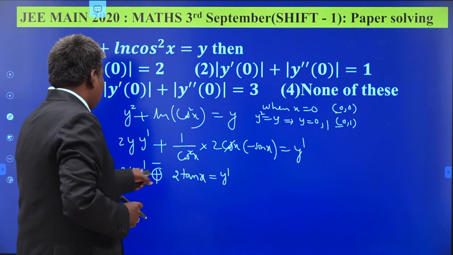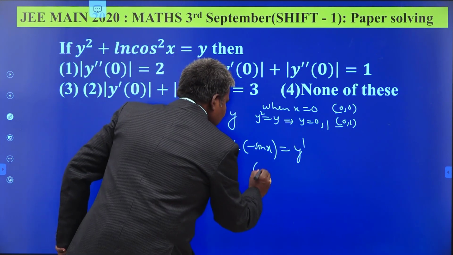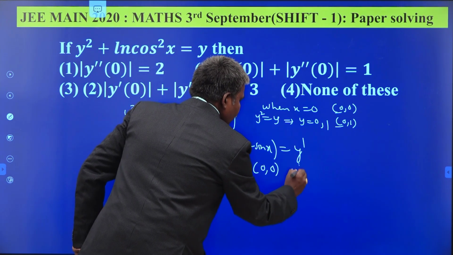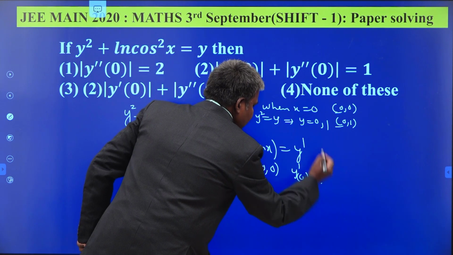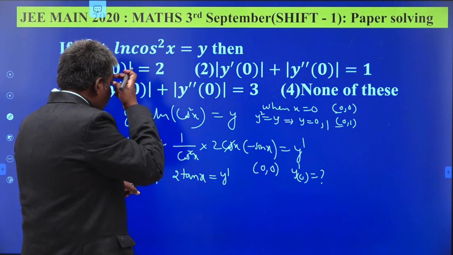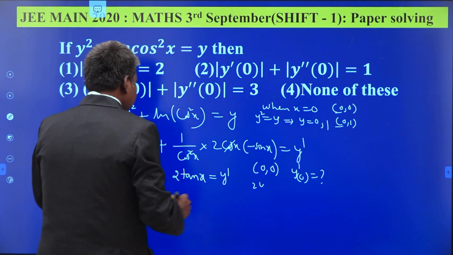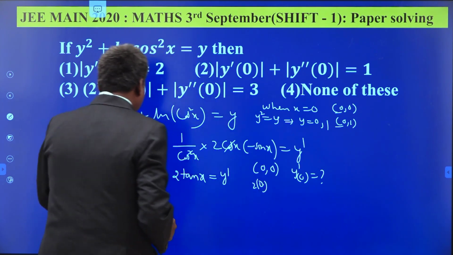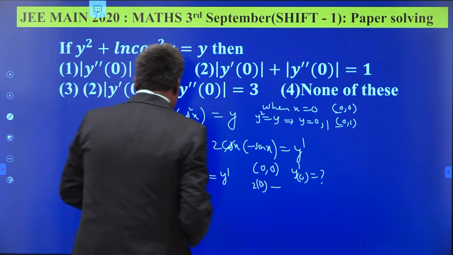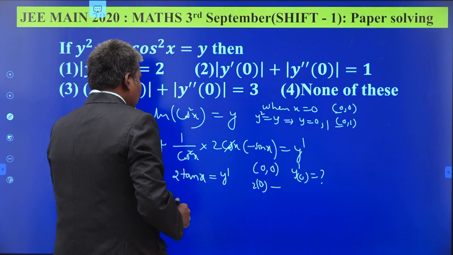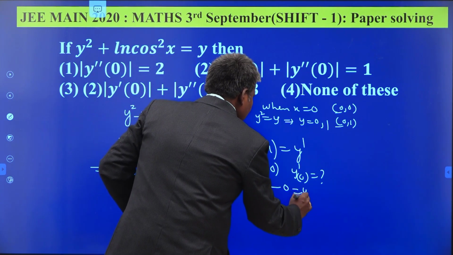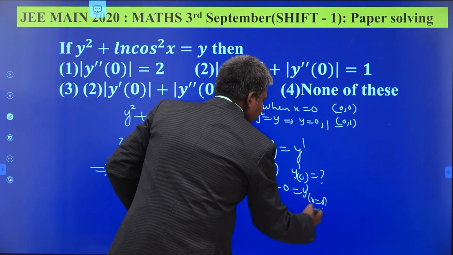For (0, 0), y dash at 0 is what I am asking. Put x is equal to 0, y equal to 0. 2 times 0, for (0, 0) I am testing, minus 2 times 0, this is also 0, is equal to y dash at x equal to 0.